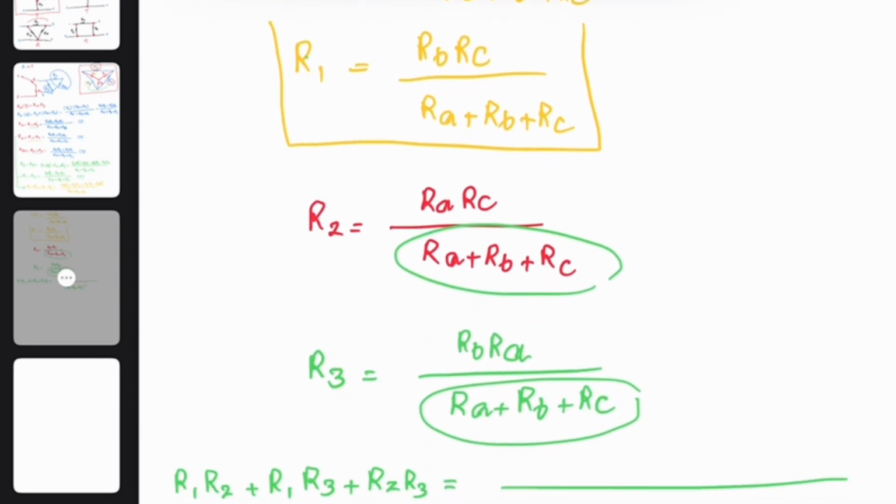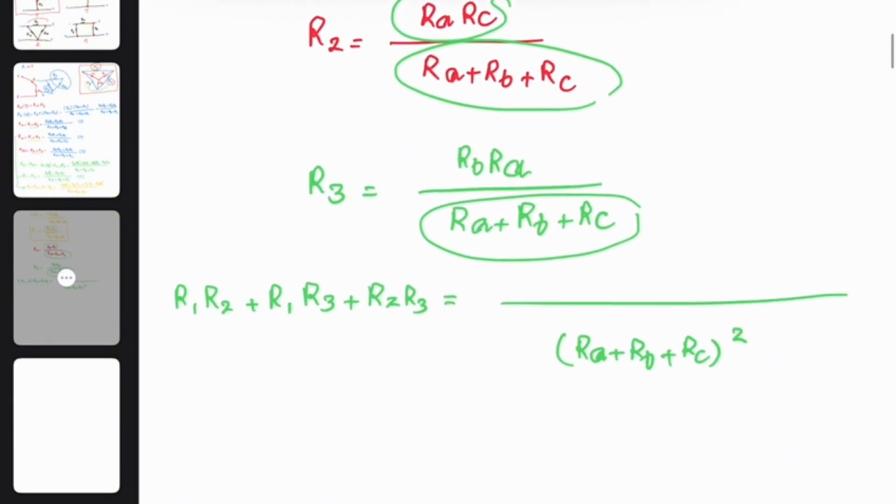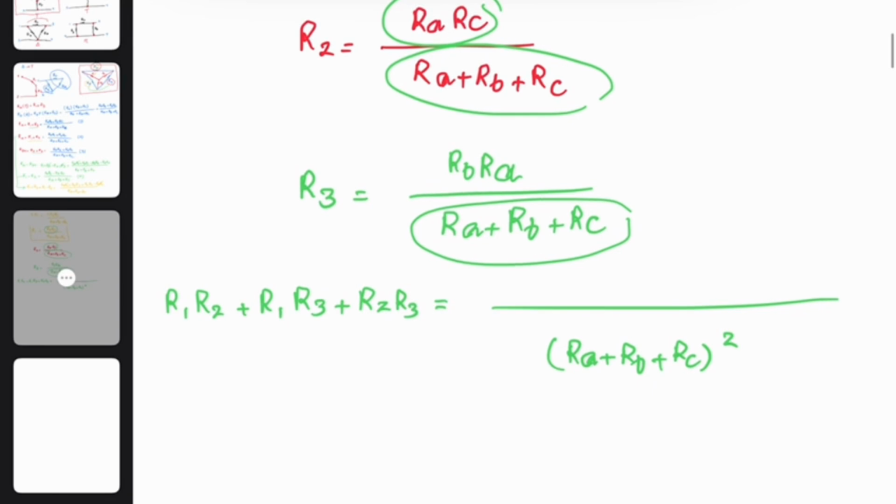Product of Rb and Rc giving me Rb Rc times Ra Rc, which is Ra Rb Rc squared.